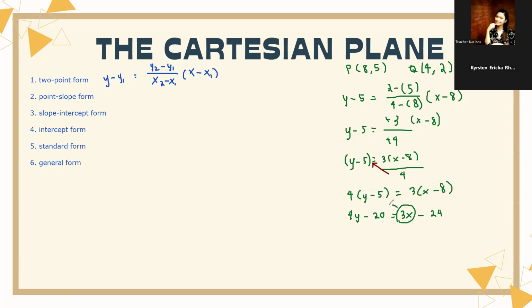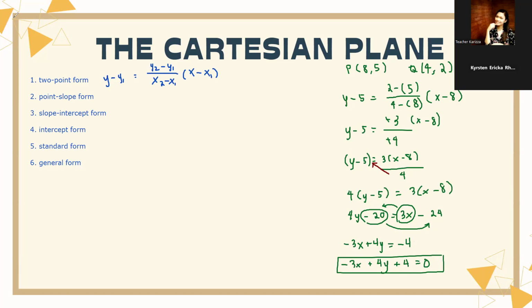Transpose 3x to the left-hand side, and then we transpose this to the right-hand side. So we have negative 3x plus 4y is equal to negative 4, or negative 3x plus 4y plus 4 is equal to 0. Okay, so that would be our formula.